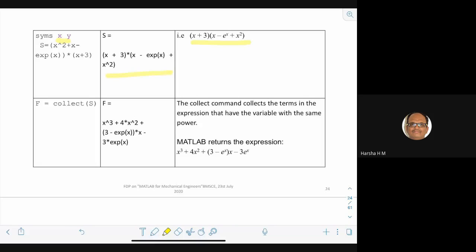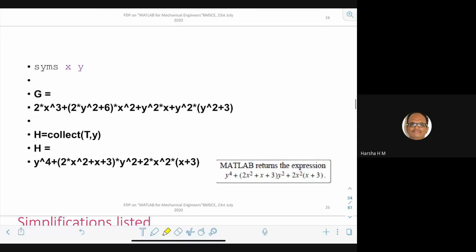But if you say collect, remember the collect command collects the terms in the expression that are variables with the same power. Observe this. It collects and says coefficient of x cube, coefficient of x square, coefficient of x, and then the other one is 3e to the power of x. So that way you can look at the collect command also to represent it with coefficients of the particular powers.